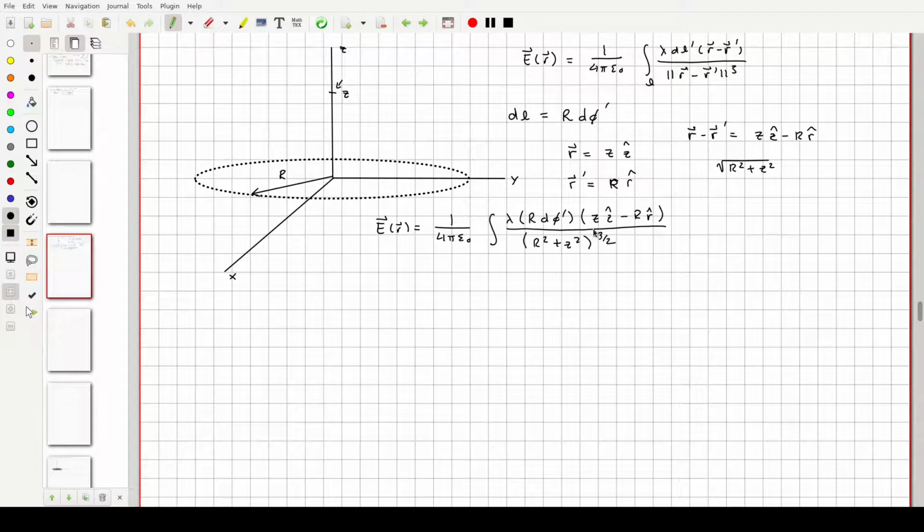That's just a constant. And so what I'm seeing here is most of the stuff here are constants, with the exception of one thing.